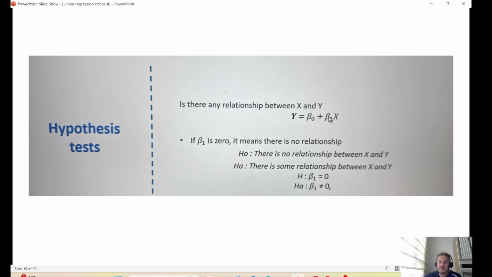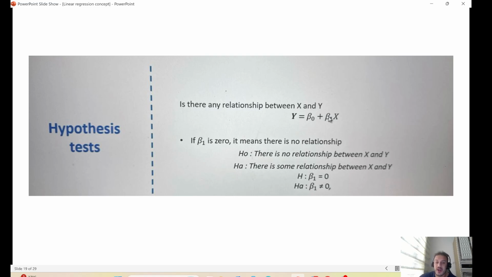So now it's time for the t-value in your model. Imagine this scenario, we come to the hypothesis test. When you run your model, we have beta 0 plus beta 1 multiplied by x. If beta 1 equals 0, that means there is no relationship.